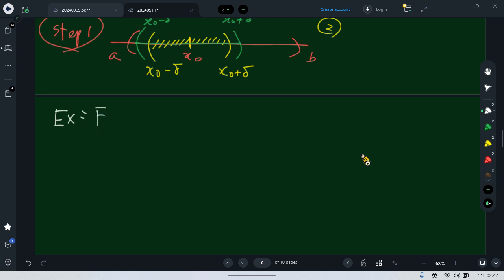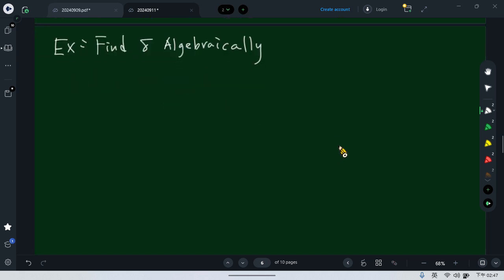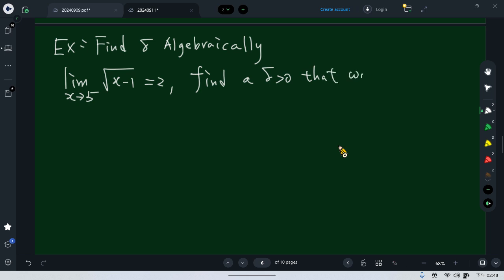So please find delta algebraically for the limit as s is approaching 5 of square root of s minus 1 is 2. Please find a positive delta that works for epsilon is 1.